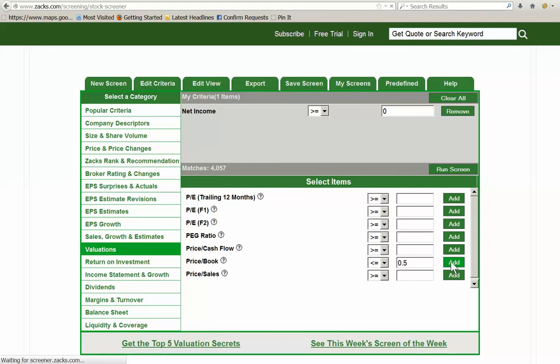So let's add that in as well. Okay, so price to book is less than 0.5. Net income is positive, and then I click on this button, run screen.